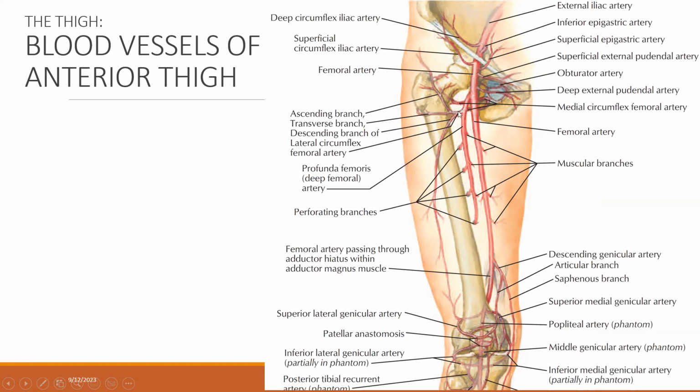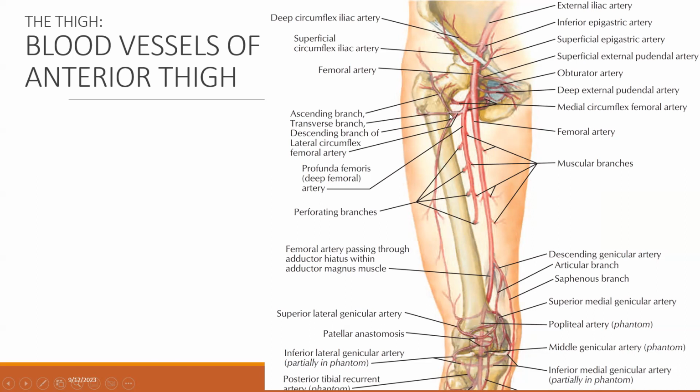And then after that, you have this branch right here that also branches out from the deep femoral artery, which is the ascending branch of the lateral circumflex femoral artery. This one is the transverse branch of the lateral circumflex femoral artery. And finally, this branch goes down, which is the descending branch. And the reason why the descending branch is important is that it goes down here and participates in the anastomosis that supplies the knee joint. And so this is very important because it helps nourish the knee joint.